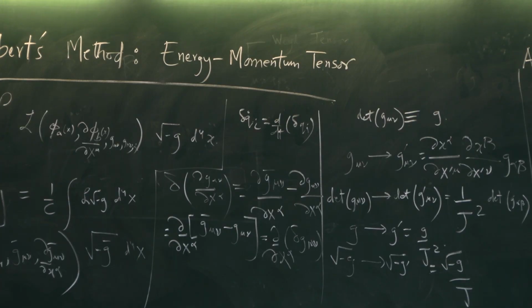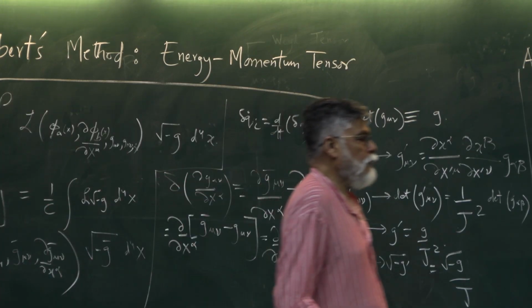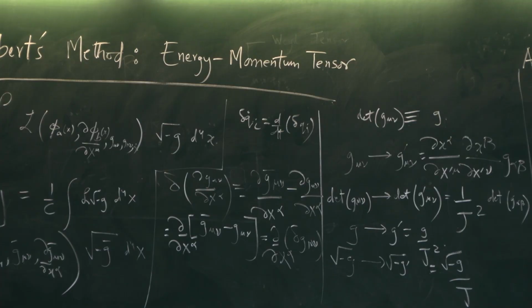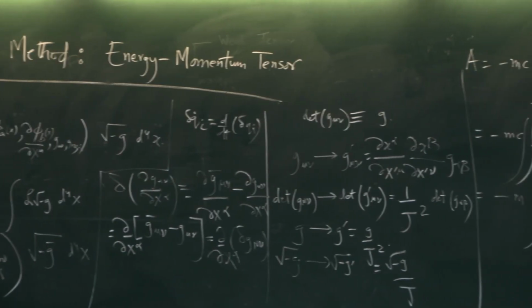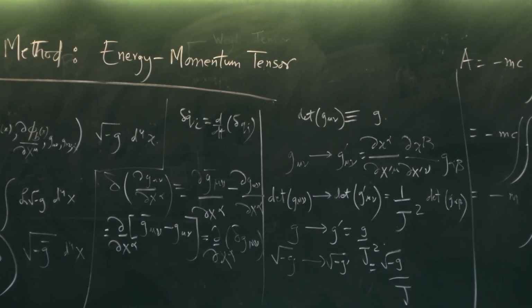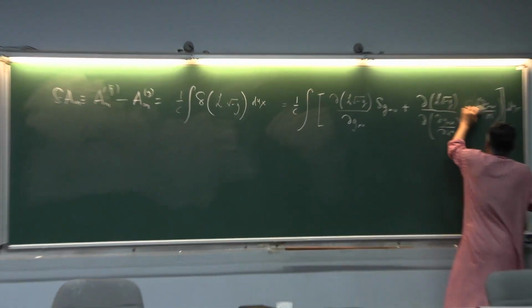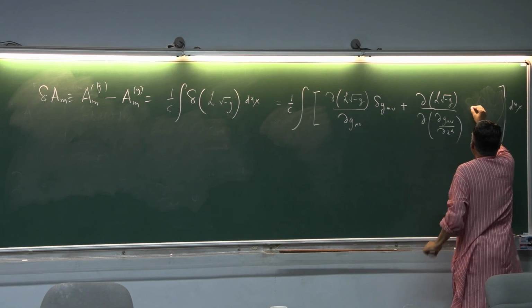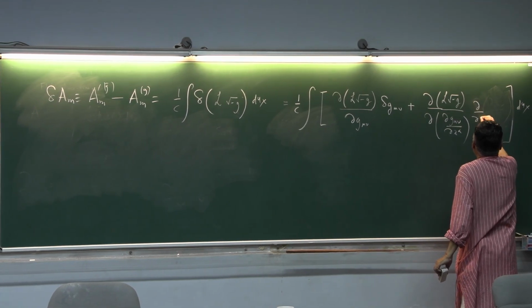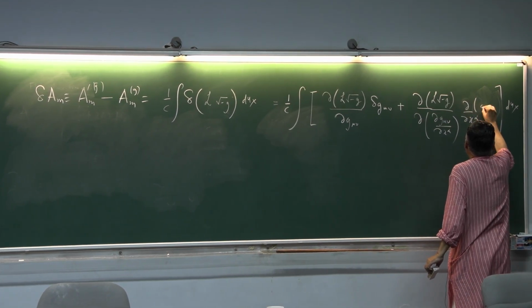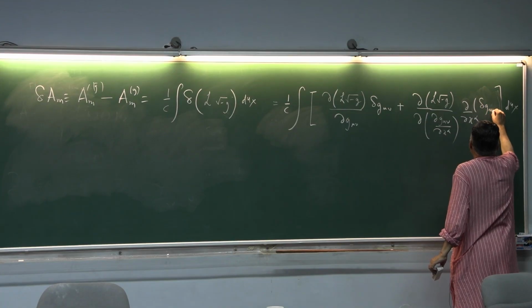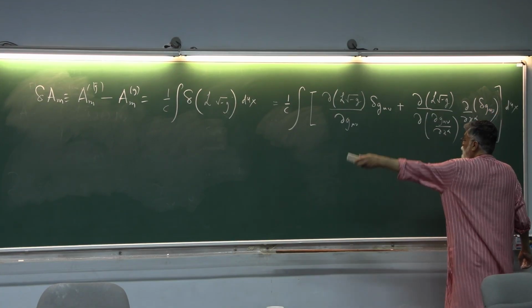So therefore, this object delta of del G mu nu by del x alpha is the same as del by del x alpha of delta G mu nu. Just now I proved it.